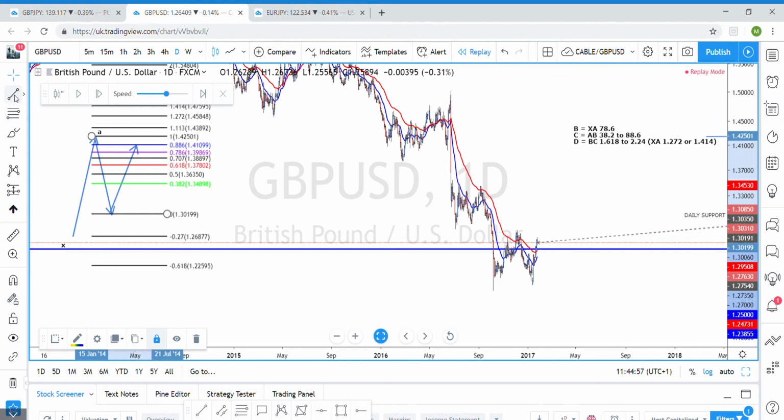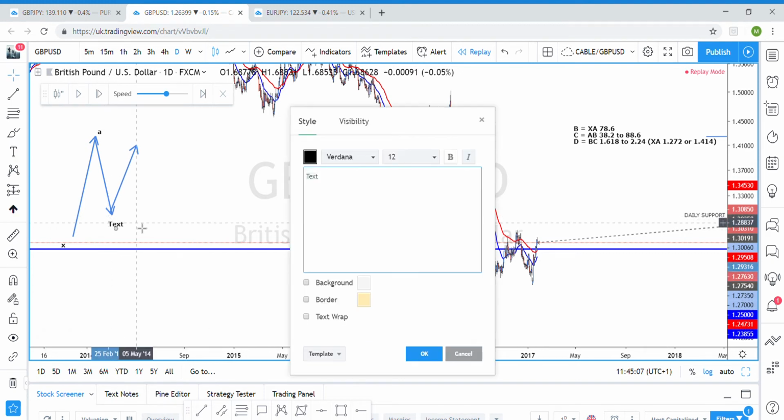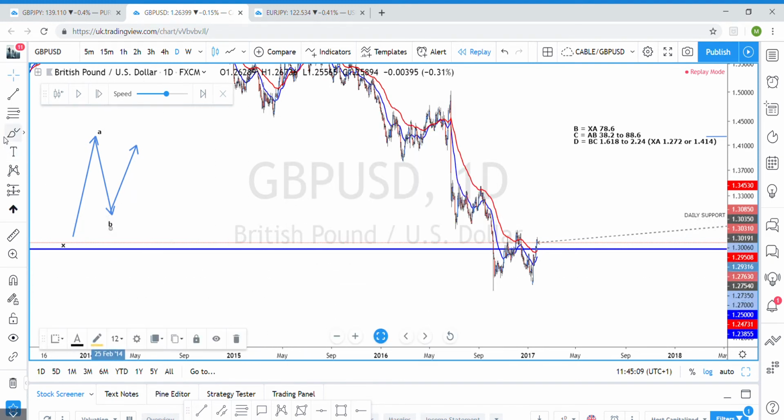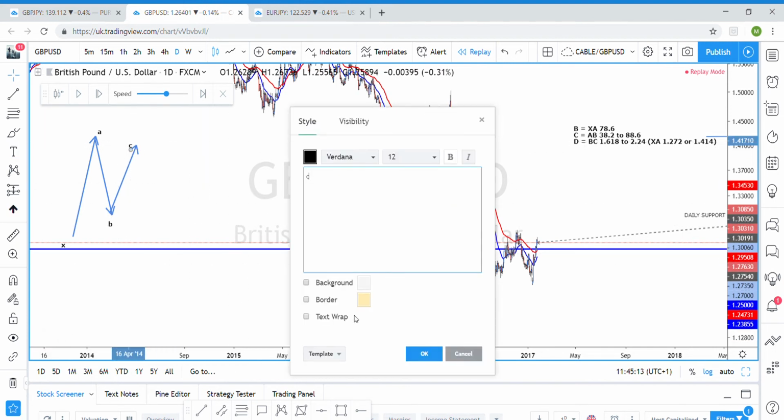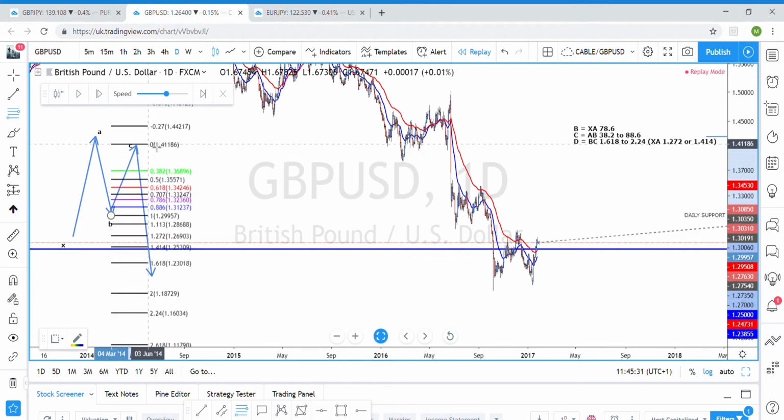So the next part you're looking for is your CD leg. So this is your B point, and then that's your C point, and what you're looking for is a strong move down this way, and this should hit either 1.618 or 2.24 when you do your fibs from B to C, okay?